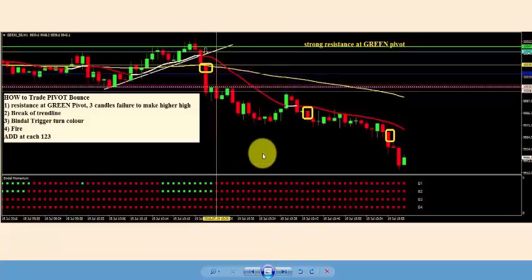Here again, what I would like to illustrate is the power of the pivots in conjunction with the Bindal Momentum Indicator. All 4 time frames are short, and I have very strong resistance at the green pivot. White pivot breaks, and down she goes.